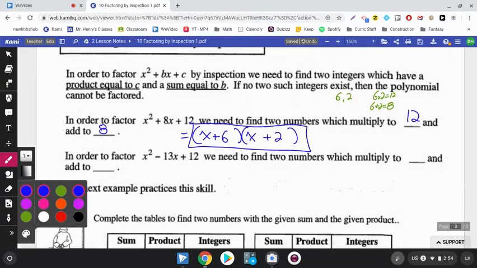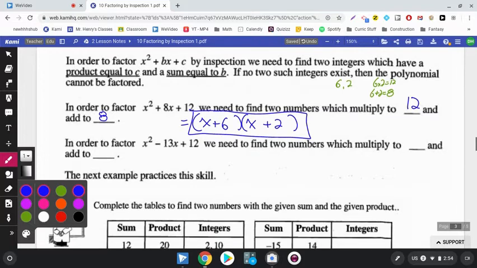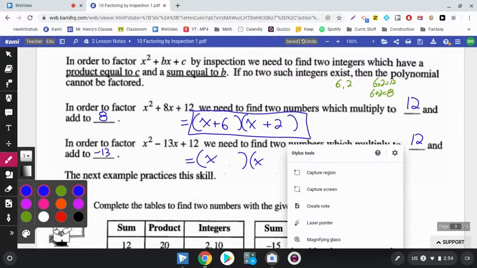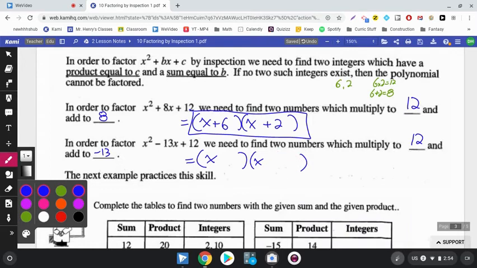Okay, down below, x squared minus 13x plus 12. Well, that one you're asking, still multiply to 12, but this time I need to add to negative 13. So I could say that is equal to x plus or minus something, x plus or minus something. And I know those things, whatever they were on the end, have to multiply to 12 and add to negative 13.